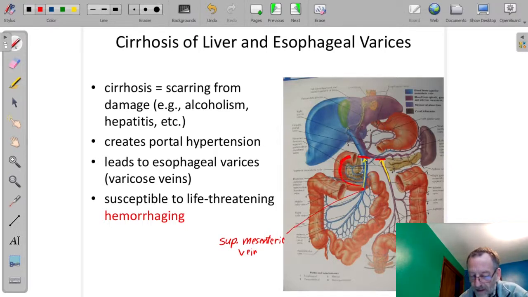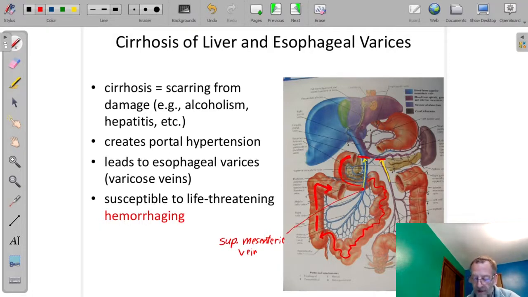There's the duodenum, and that flows into the jejunum, and then the ileum. So this is representing all the small intestines, and then into the large intestine. So all of that's being drained by the superior mesenteric vein, as well as the ascending colon and part of the transverse colon.